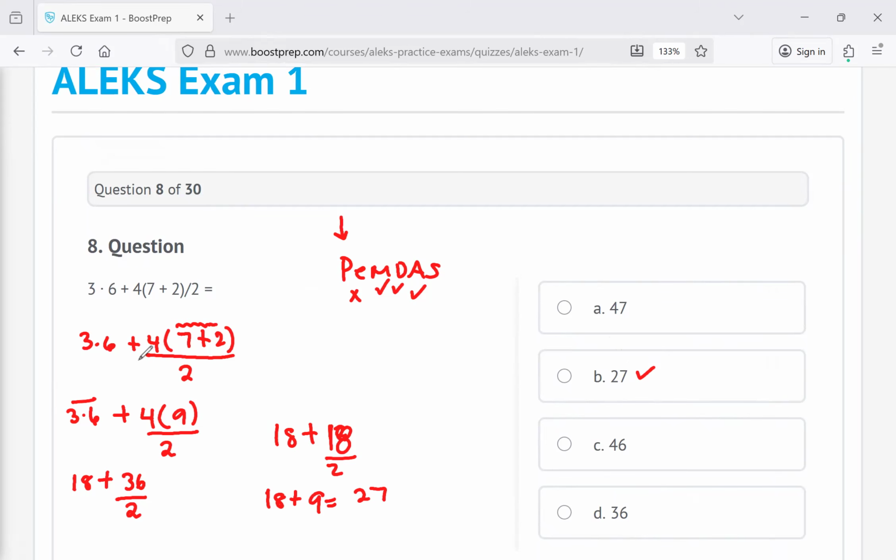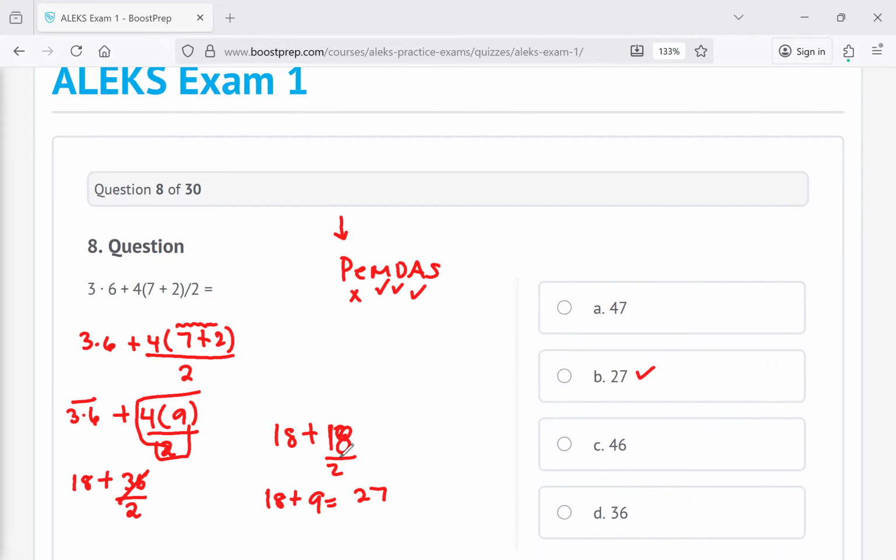Wait, did I do this right? Oh, I made a mistake right here, this part right here. 9 times 4 is 36, divided by 2 is 18.